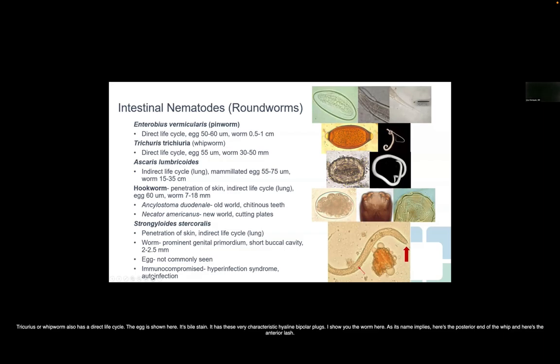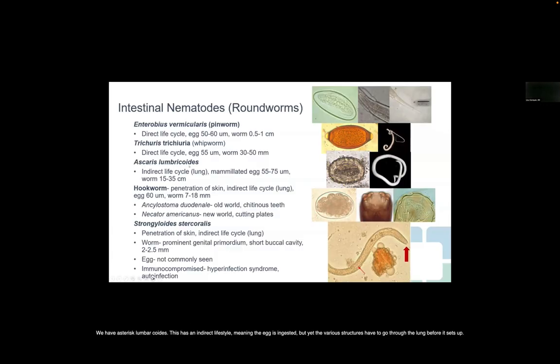Trichuris, or whipworm, also has a direct life cycle. The egg is shown here. It's bile stained. It has these very characteristic hyaline bipolar plugs. I show you the worm here. As its name implies, here's the posterior end of the whip, and here's the anterior lash.